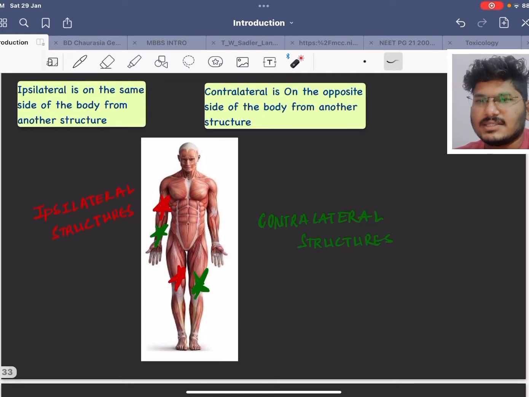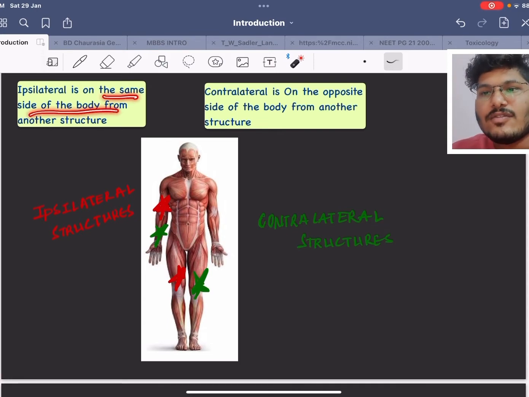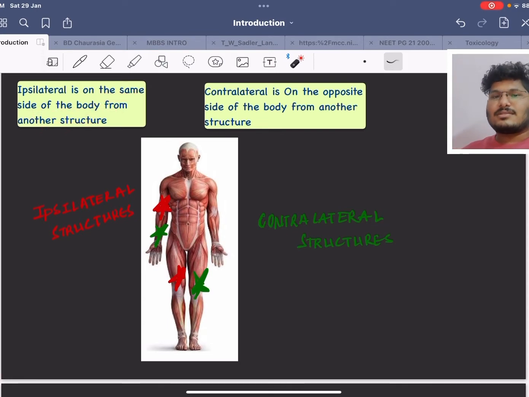Next, these two terminologies are very important: ipsilateral and contralateral. Very easy. Ipsilateral, same side; contralateral, the opposite side. Ipsilateral is on the same side of the body from the other structure. For example, if the right cerebral hemisphere is involved and right hand paralysis occurs, we call it ipsilateral paralysis.